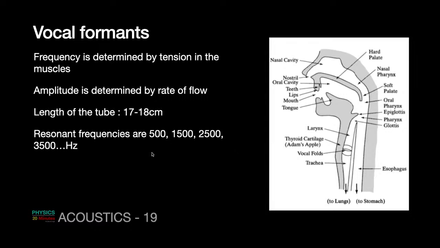Do remember that at 125 hertz, the output of the vibrations of the vocal folds is not that strong. The output undergoes resonance at these frequencies. So do remember these frequencies: 500, 1500, 2500, 3500, etc.